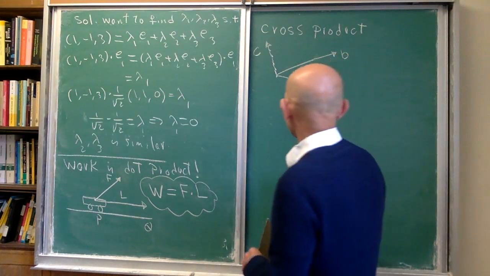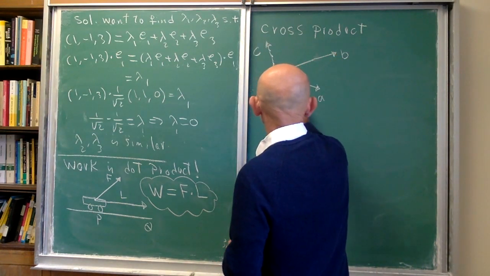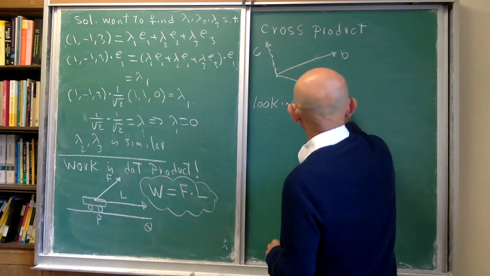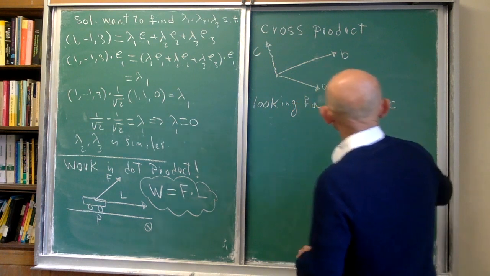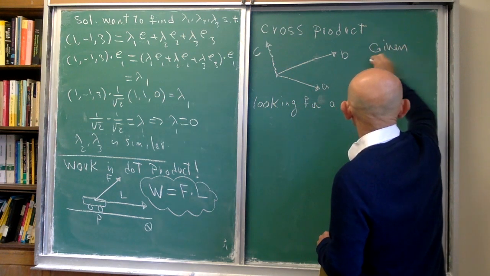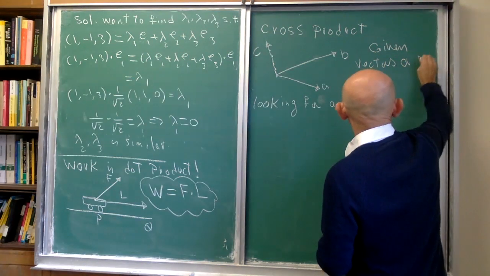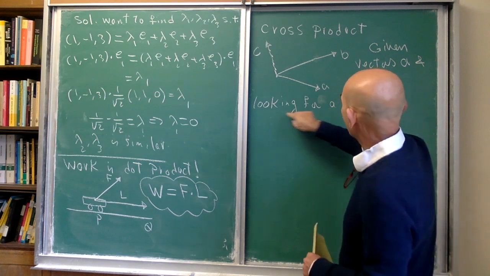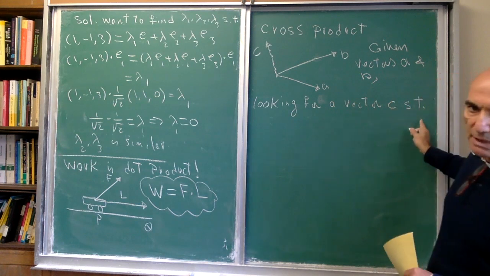So we are looking for a vector C. So given vectors A and B, we are looking for a vector C such that, so when I write ST, it means such that.